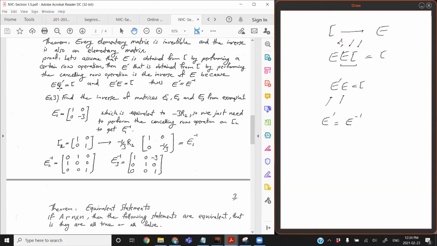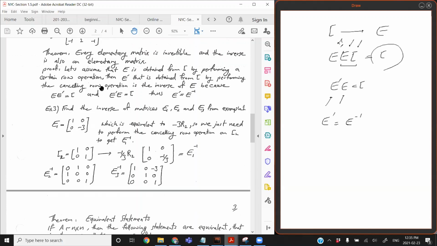What do I get? I get I back. That makes E and E prime the inverses of each other. And since canceling row operations are themselves row operations, then E prime is also an elementary matrix. Very good.